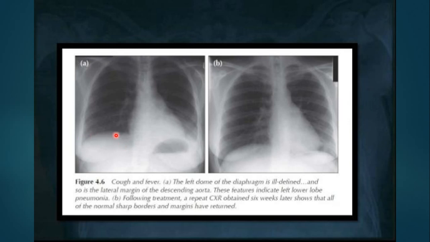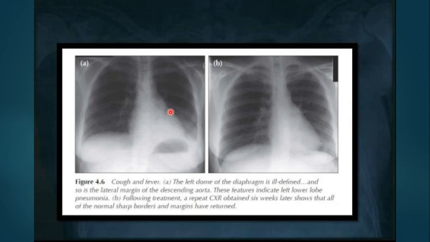The right hemidiaphragm looks sharp and well defined, while the left hemidiaphragm looks silhouetted, looks abnormal. Okay, so if you look carefully, this silhouetting is due to increased density in the left lower lung zone, indicating a left lower lobe pneumonia.